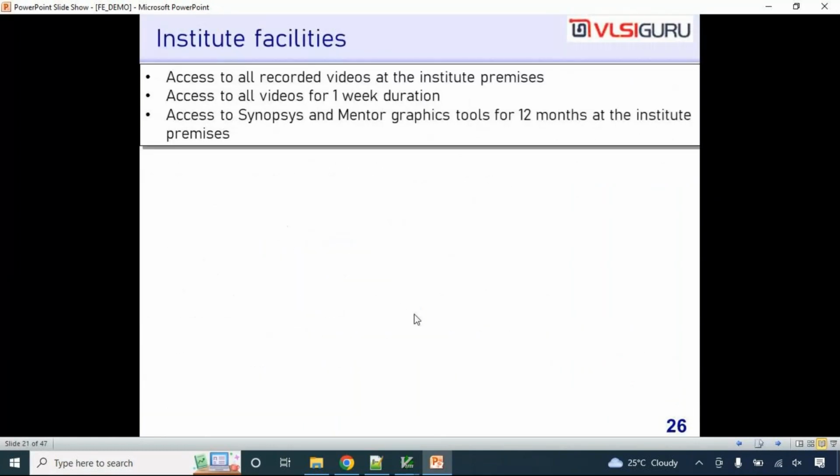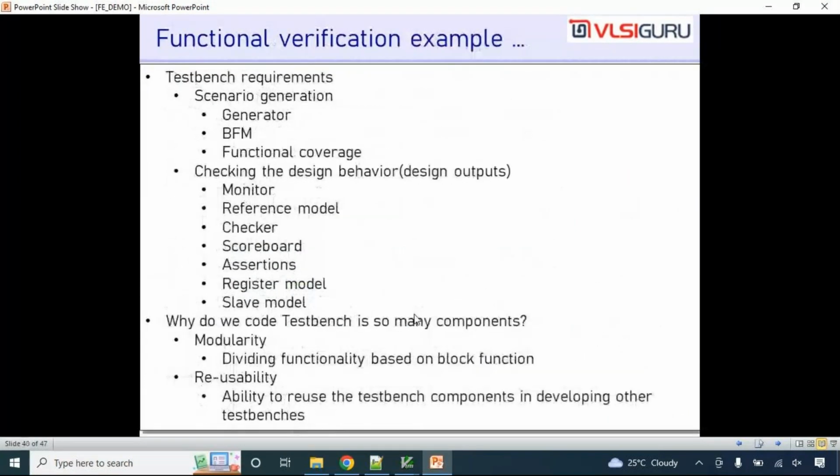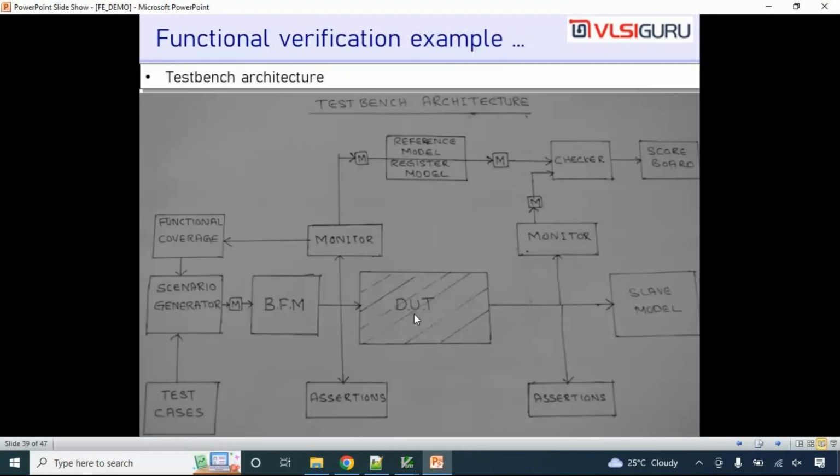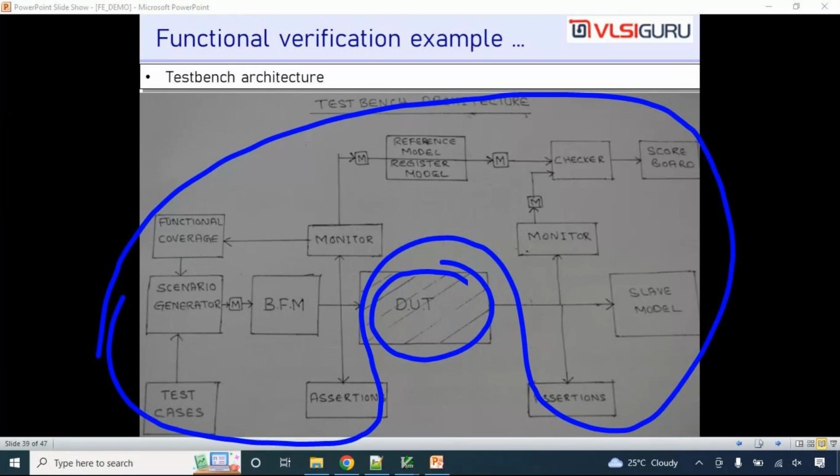Functional verification is about, given a design, we develop a test bench like this. This is the design we are trying to verify. We develop something called a test bench around that. Using the test bench, we check whether the DUT is working fine. Are there any issues?